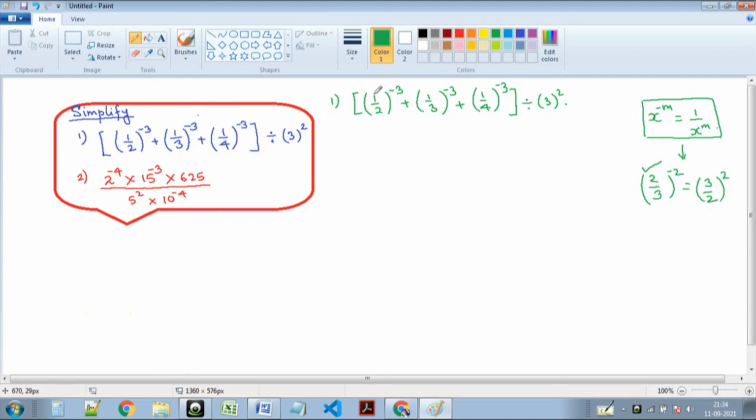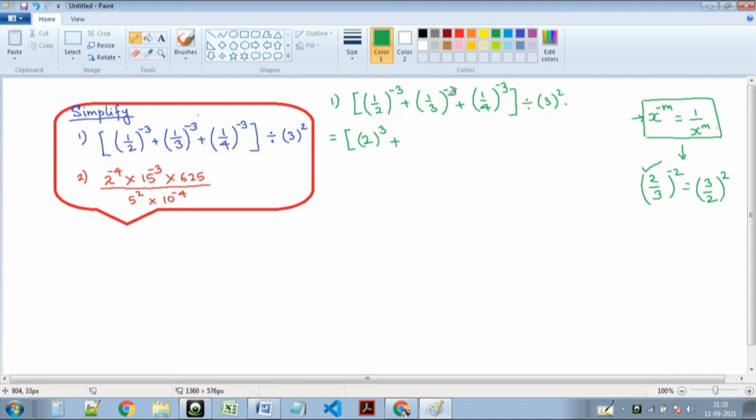Right. So here you can see that 1 by 2 whole to the power minus 3 is there. For removing this minus sign, if I apply this law, what will happen? This 2 will come upward and 1 will go downward, and this will become a positive 3. So 2 by 1 is simply 2, so it becomes 2 cube, plus.